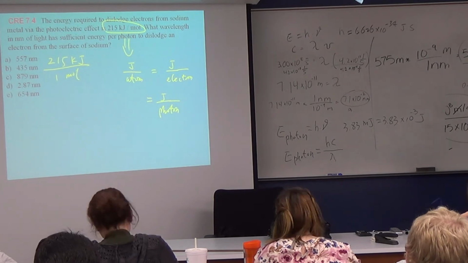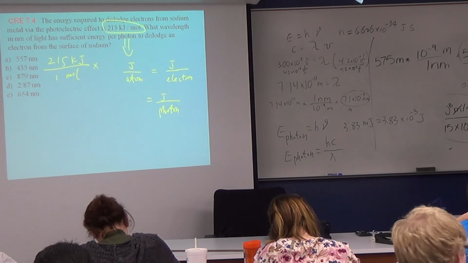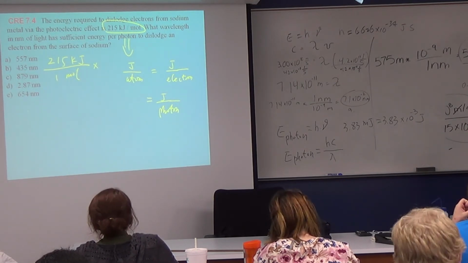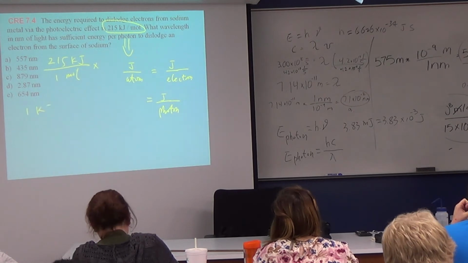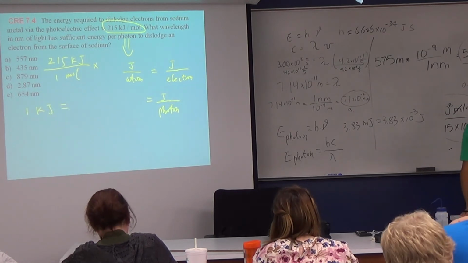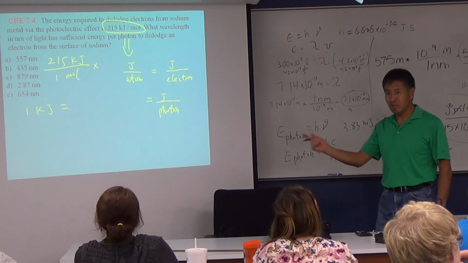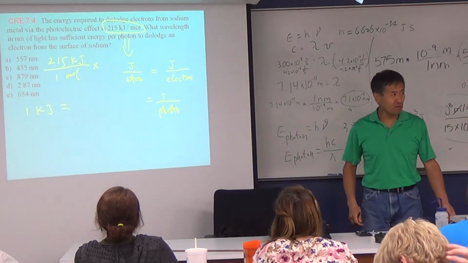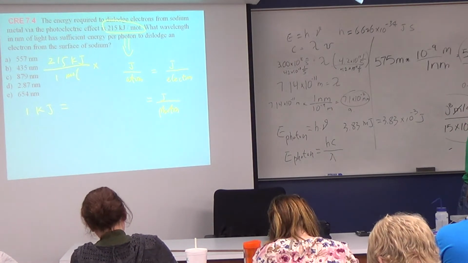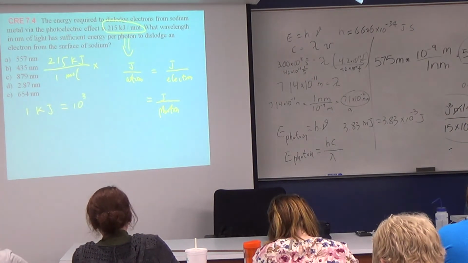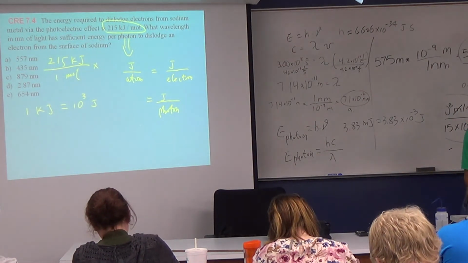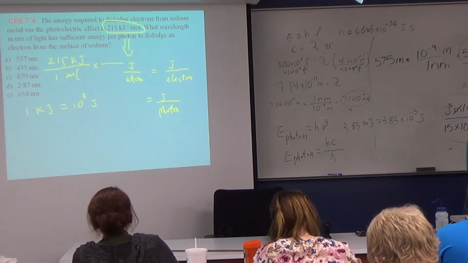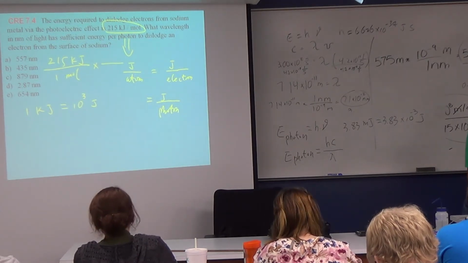Think about using these two equations. I think everyone knows these two equations. 1 kilojoule, use my technique: just replace whatever this K is standing for. The K is standing for 1,000, okay? So you will have 1,000 joules. Which one do you use first? Doesn't matter.